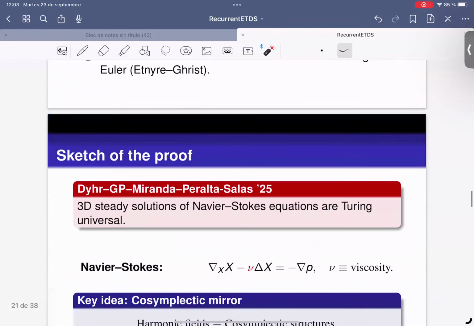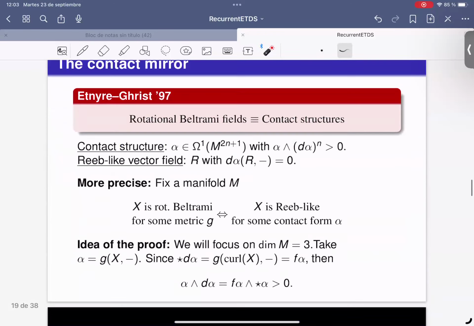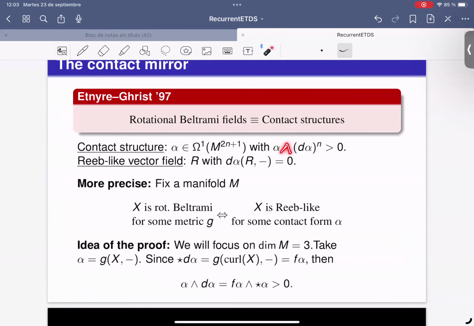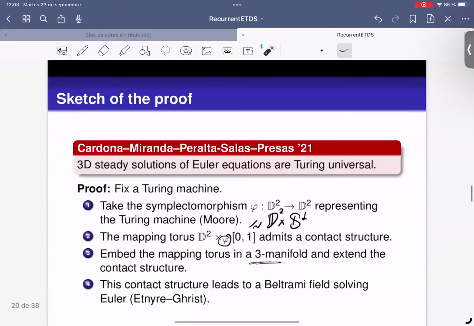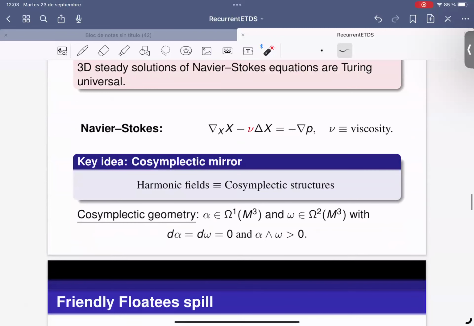In the contact setting it was a one form such that when you wedge it with its differential, you get positive. Here you have two forms, alpha and omega. Alpha is a one form and omega is a two form. Both are closed, but the wedge of both of them is a volume form. So omega plays the role of d alpha, but d alpha is zero in this setting.